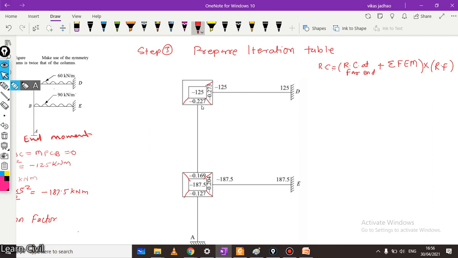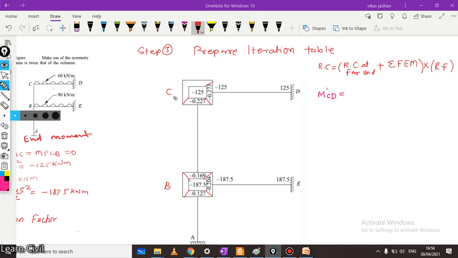So this is your joint C, this is your joint B. First we will find out the rotation contribution for member CD. For member CD, rotation contribution will be M dash CD, equal to rotation contribution at far end.